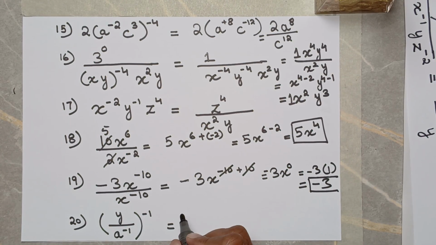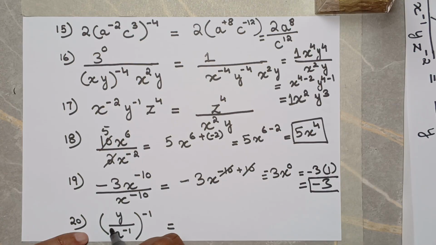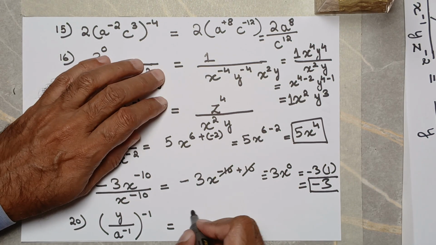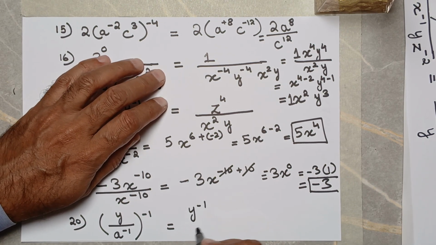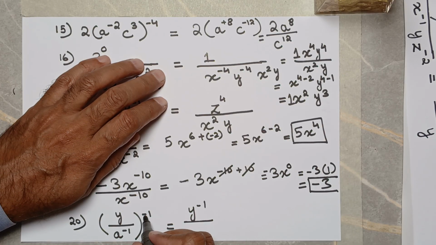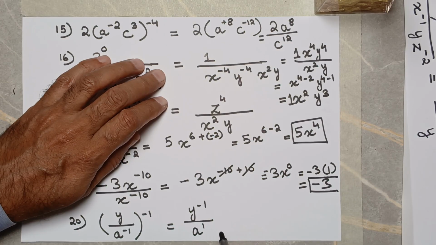Now moving towards the last question of this exercise, within the parentheses we have y divided by a raised to the power minus 1, and outside the whole, it is raised to the power minus 1. We will simply write it as y raised to the power minus 1, and here, when this minus is multiplied by this, it will give you a positive 1 over here.